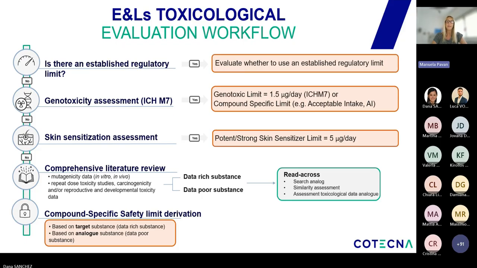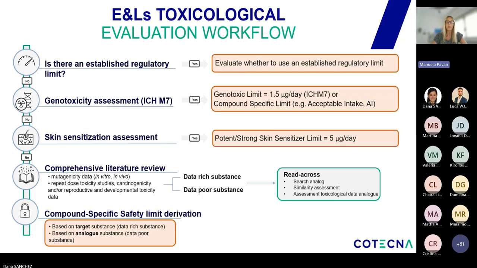For that purpose, the next step consists in a comprehensive literature review that is conducted in order to characterize the compound's toxicological profile. And this includes reviewing data on key endpoints, including mutagenicity, repeated dose, carcinogenicity, reproductive and developmental toxicity. Then, based on the quality and quantity of available data, the compound can be classified as either data-rich or data-poor.